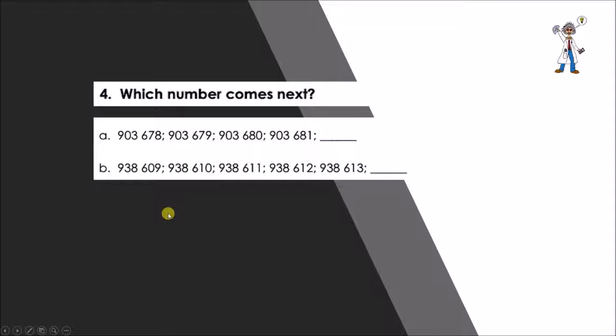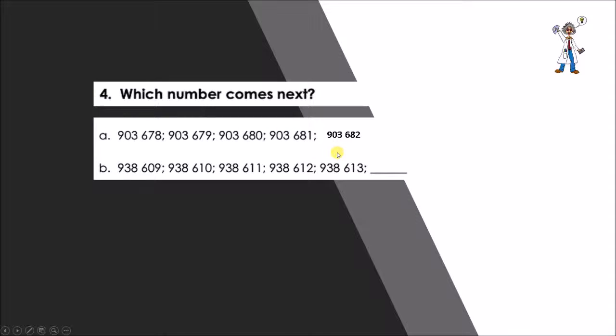Determining the next number in a series is very easy. Just make sure that you can see by how much it is increasing, and you will clearly see from 903,678 to 903,679 it increases by 1, and by another 1, and another 1.